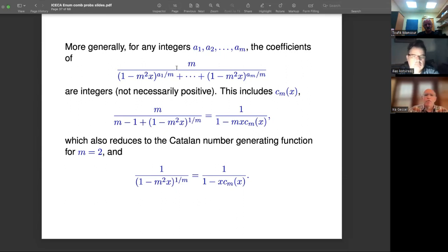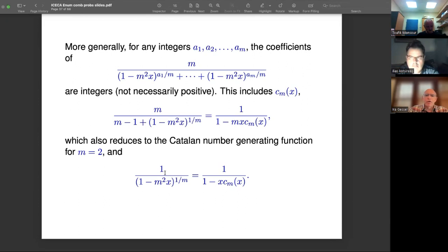And in general, they won't necessarily be positive. So this includes c sub m of x. It includes this other thing, 1 over 1 minus mx cm of x, which also reduces to the Catalan number generating function for m equals 2. And so this is another Catalan number generalization.